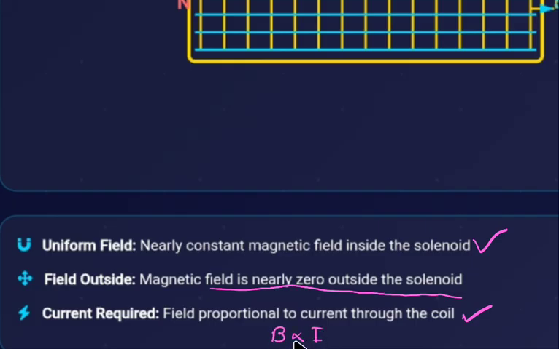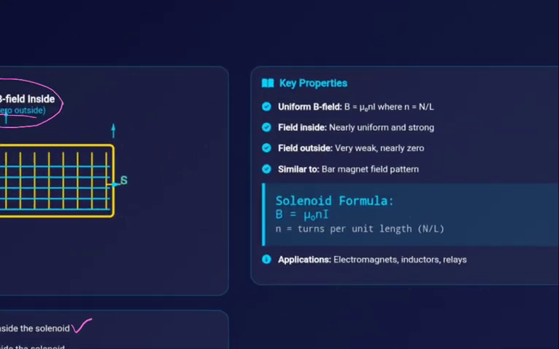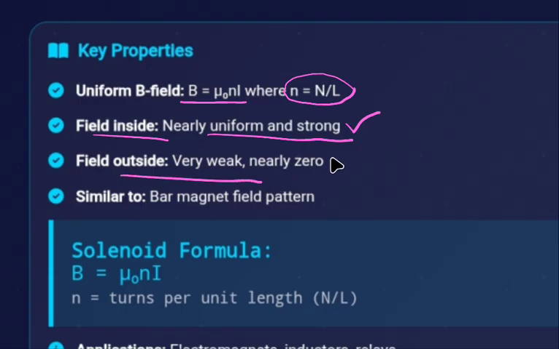Uniform magnetic field, that is equal to mu naught nI, where n is the number of turns per unit length. Field inside nearly uniform and strong. Field outside very weak, nearly 0. Similar to bar magnet field pattern.